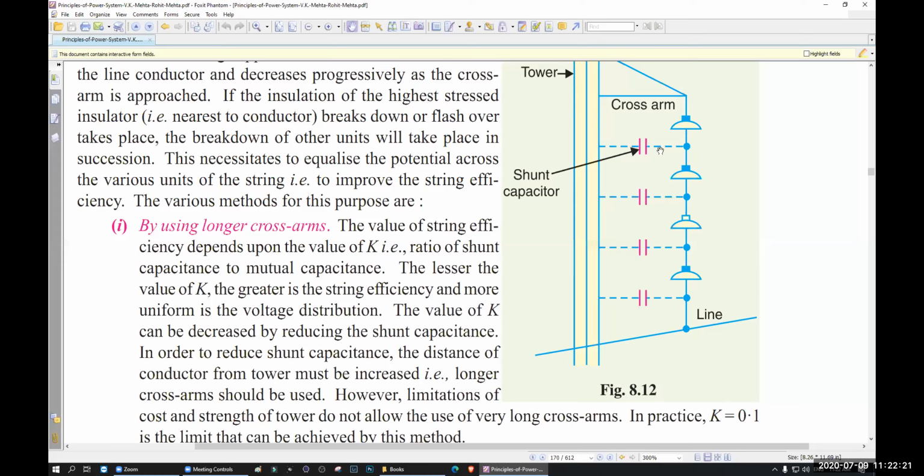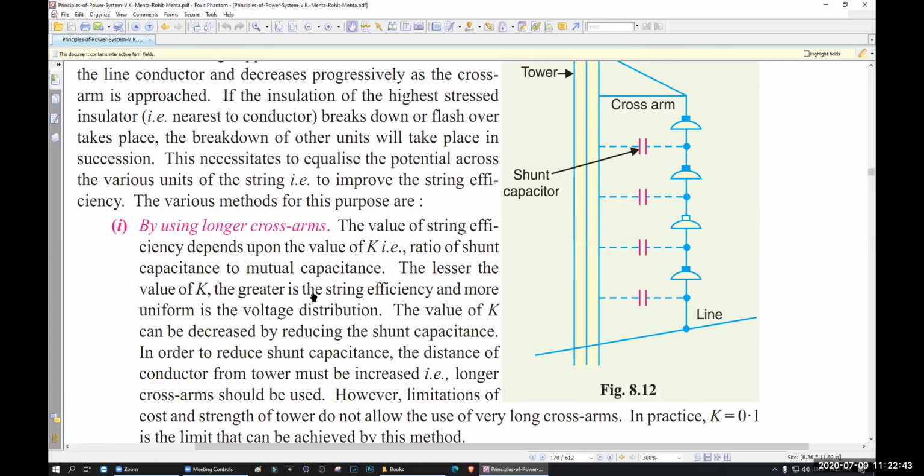If this increases, what will happen? The capacitance decreases, the value of k increases. By doing that, you can increase the efficiency.